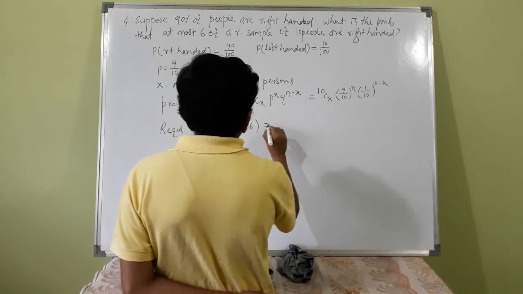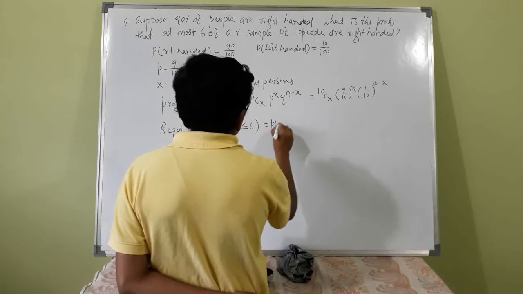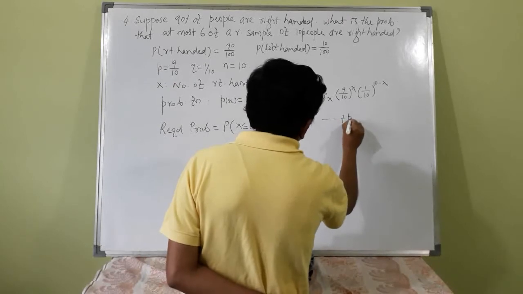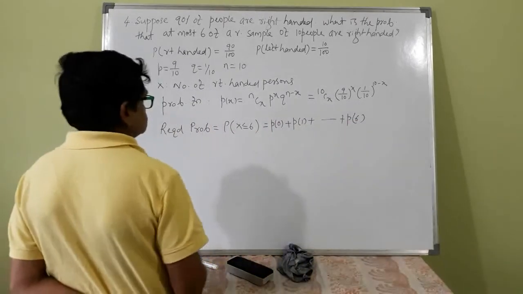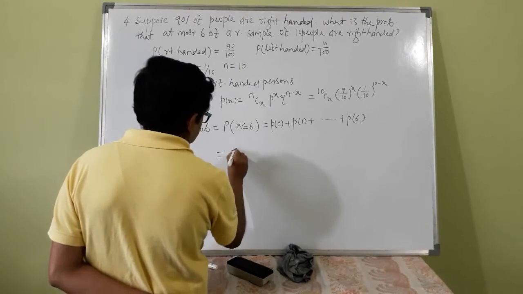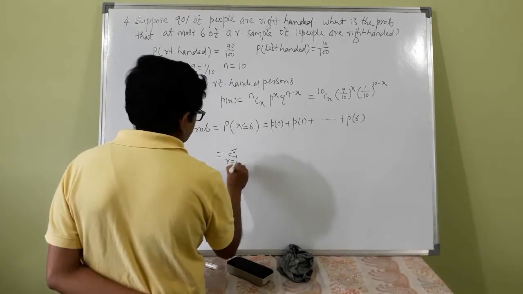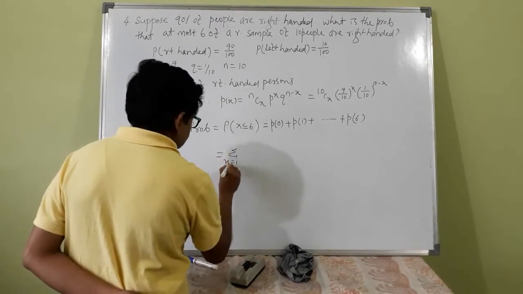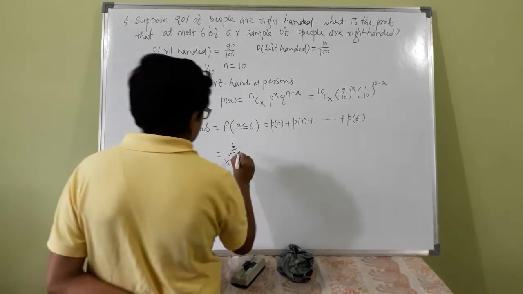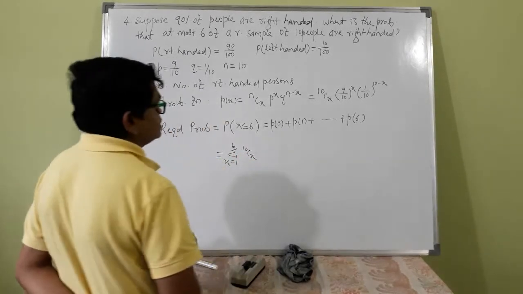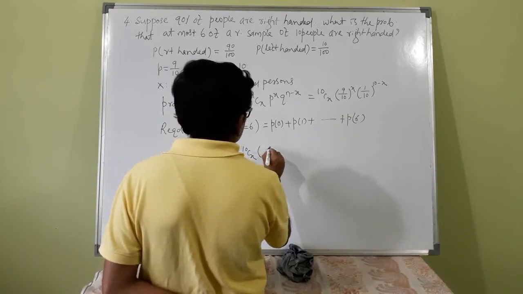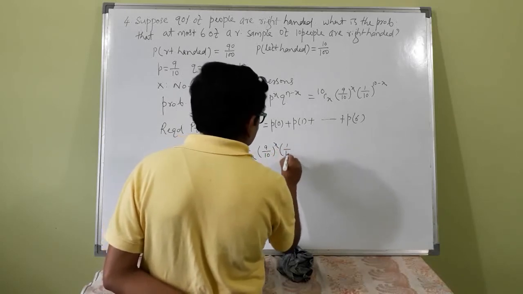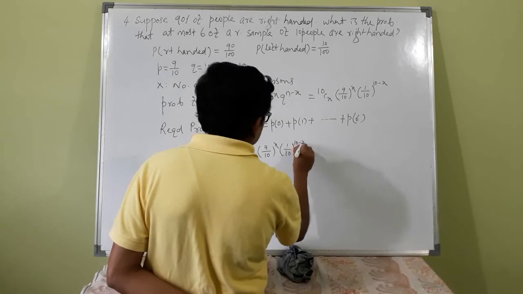Less than or equal to means this may be probability of 0, probability of 1, and so on up to 6. So this can be written as summation, x running from 0 to 6, of 10Cx 9 by 10 raised to x 1 by 10 raised to 10 minus x.